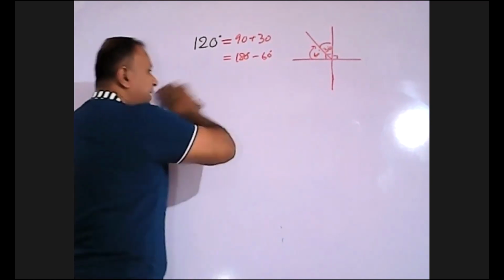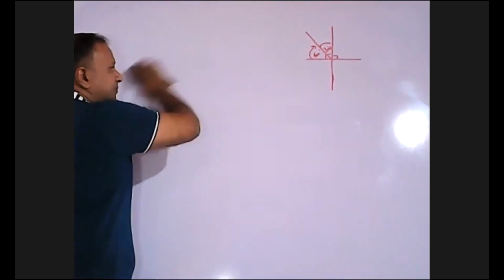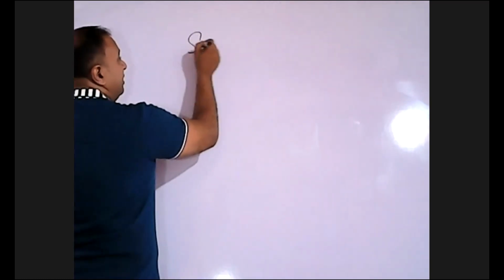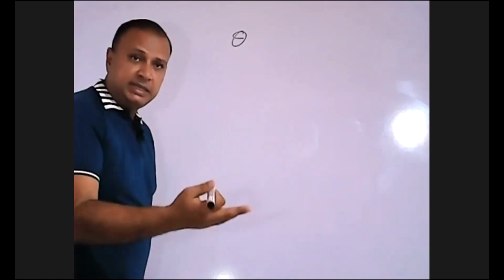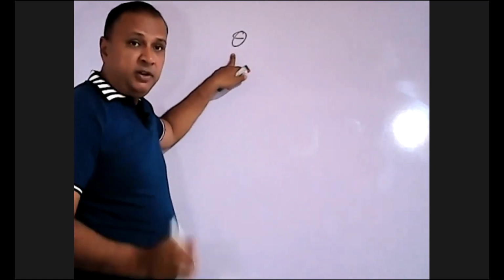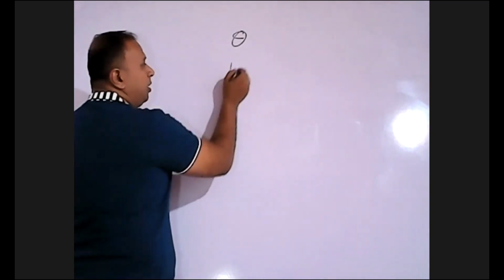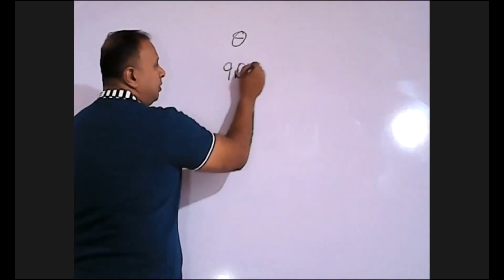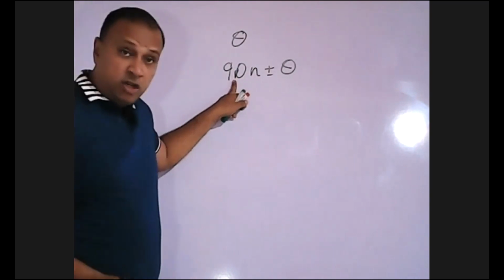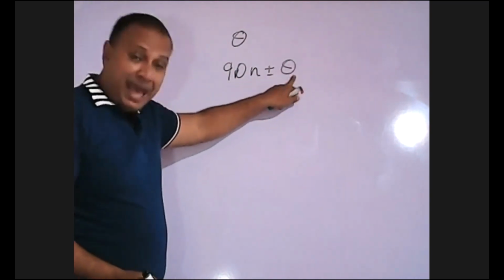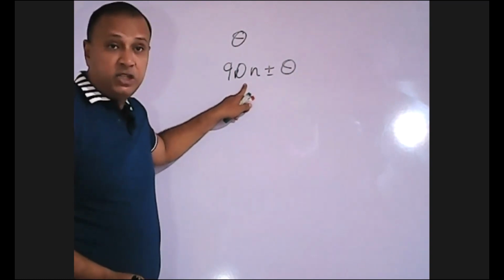Then we discussed the relationship between trigonometric values of theta, where theta means an acute angle, and trigonometric values of an addition or subtraction between an acute angle and an integral multiplication of 90.